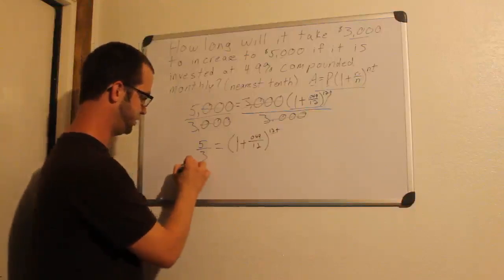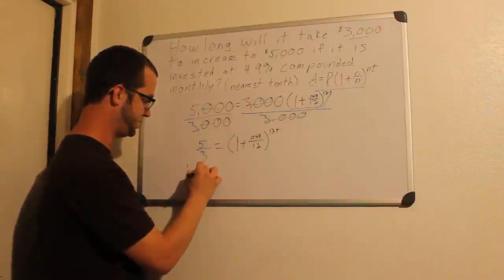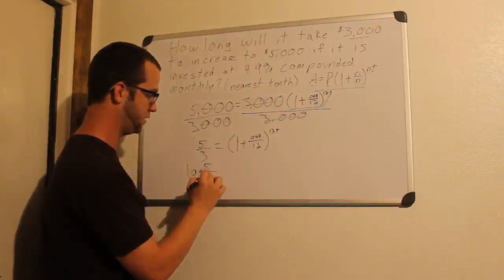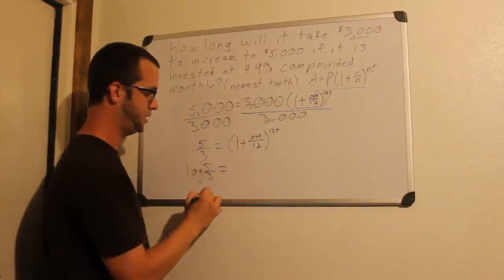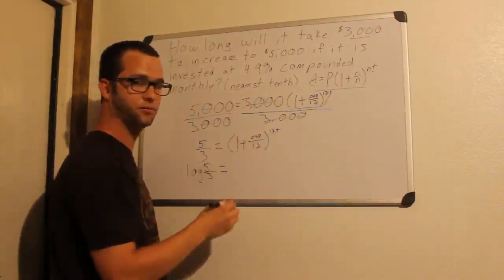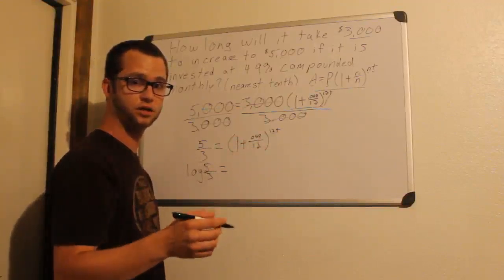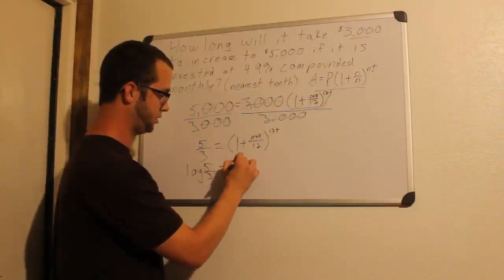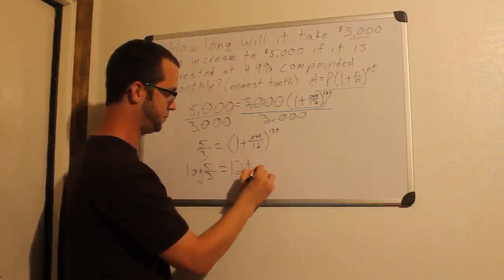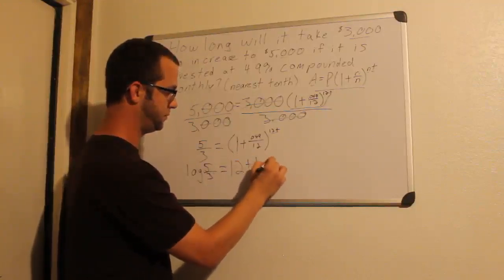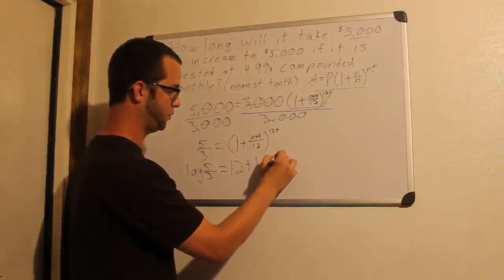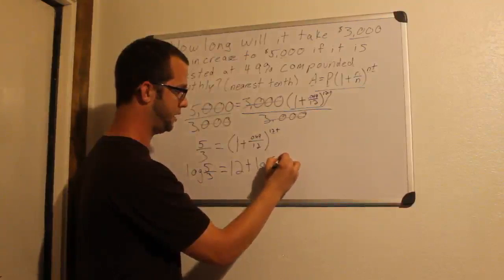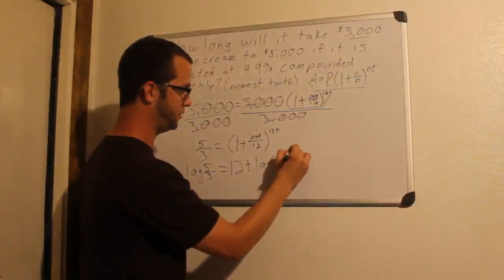So what we're going to do is what you do to one side, you have to do to both sides. So we'll log the left side of the equation, log 5 over 3, equals, now here's the interesting part. Hopefully you know logarithms. If you're watching this video, you should know logarithms. So you're getting 12t log of 1 plus 0.049 over 12.